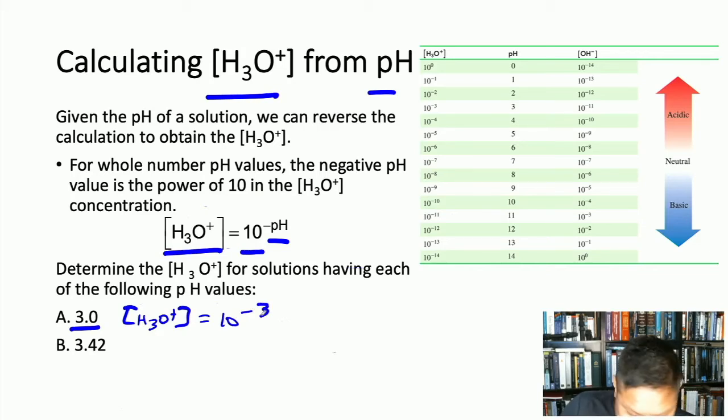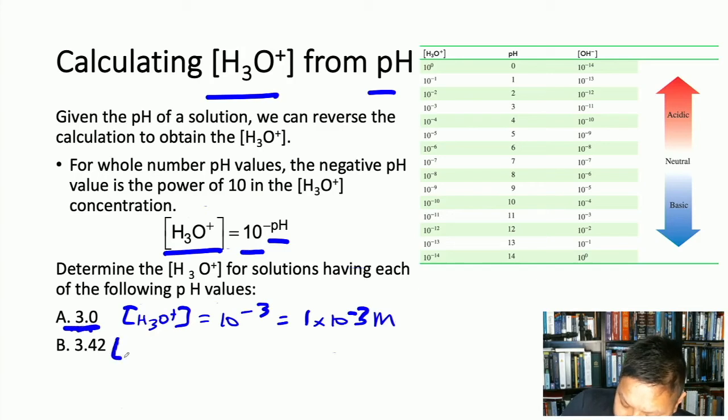Well, this is really simple because when you put that into a calculator, it actually equals 1 times 10 to the negative 3 molar. And that's your concentration of hydronium ions when the pH is 3.